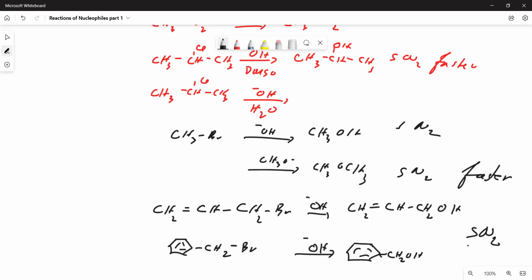Okay, so now let's look at the other mechanism of alkyl halide, which is SN1.